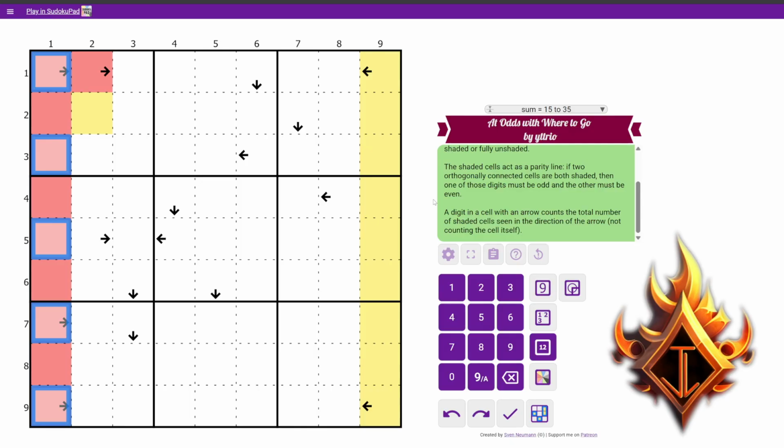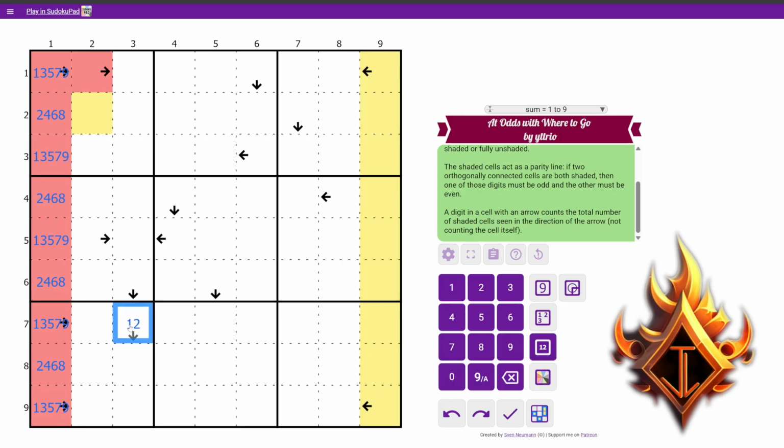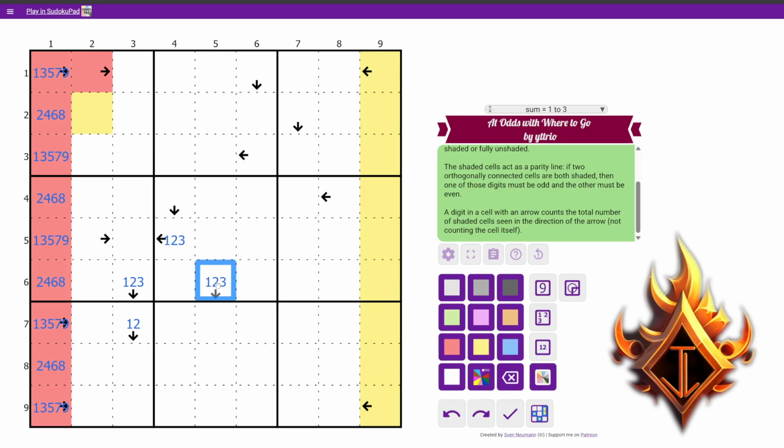So these must all be odd, and then these will all be even. Here we can do 1 or 2, and here we can do 1, 2, or 3. Here is 1, 2, or 3. Here is 1, 2, or 3. And this one is going to be one higher than that one.